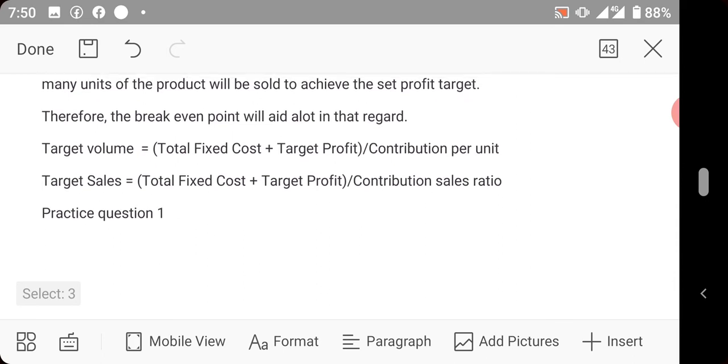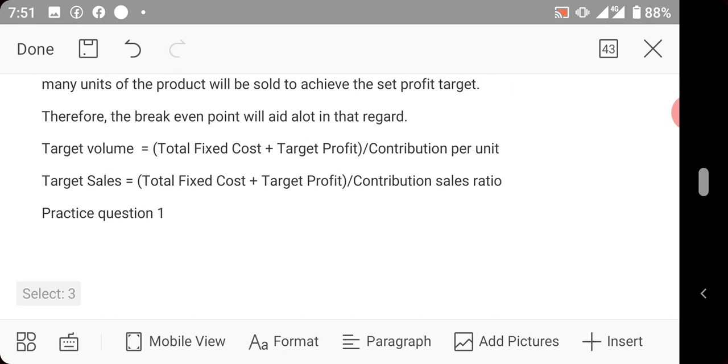So we now have targeted volume will now be total fixed cost plus targeted profit, in brackets, divided by contribution per unit. You see, the only thing that changed here is targeted profit. Now we have targeted sales. For you to get your targeted sales, it is total fixed cost plus target profit, in brackets, divided by contribution sales ratio.